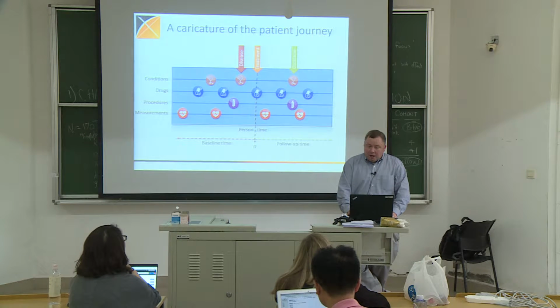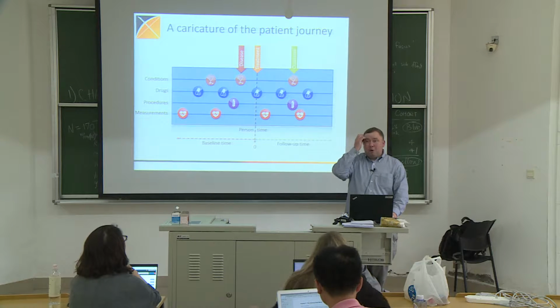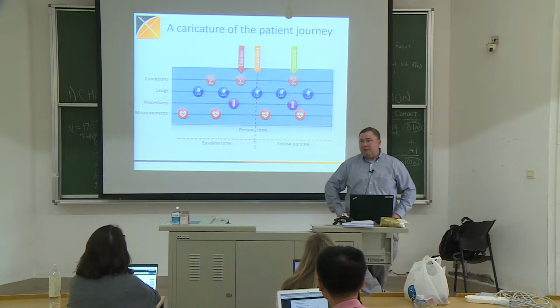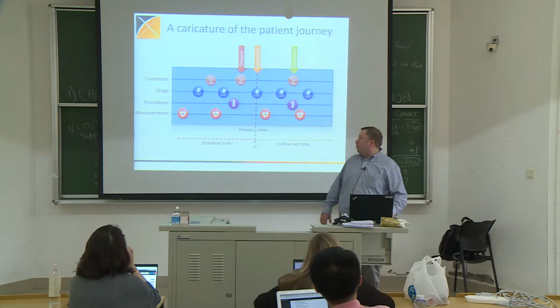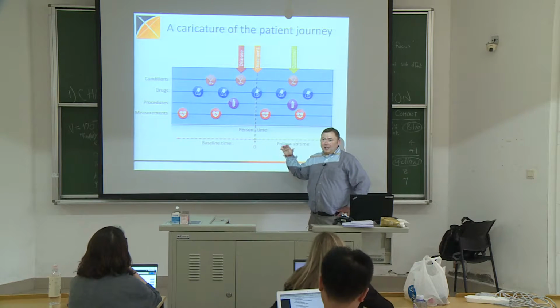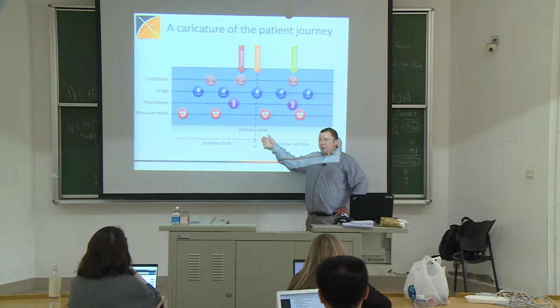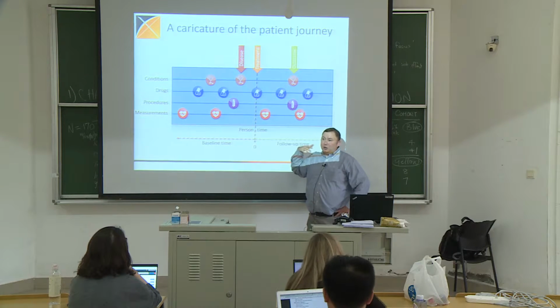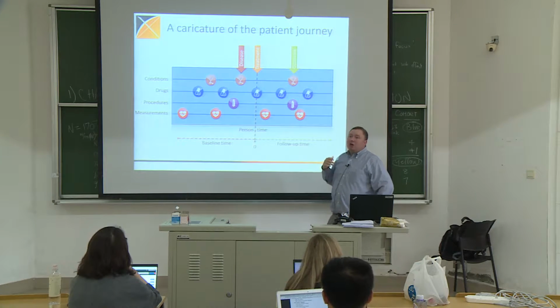So I've shown this picture before, but I want to bring it back to reinforce the point that we're drawing. When you create a cohort, it is a set of people who satisfy a criteria for a duration of time. A cohort has some entry event.